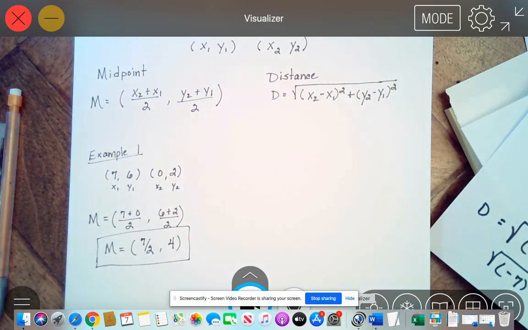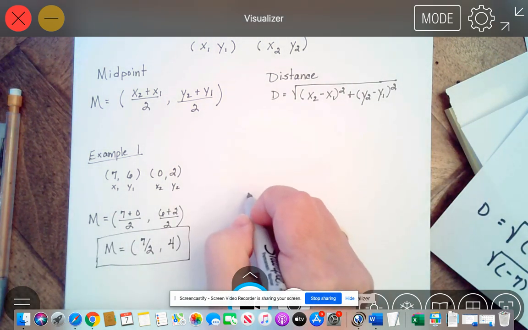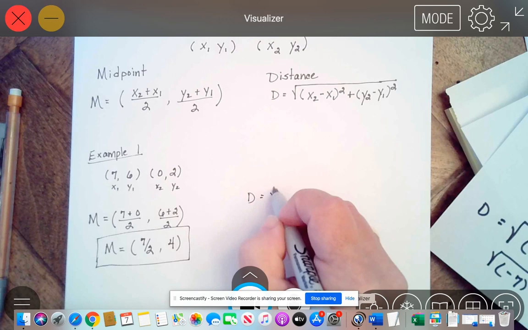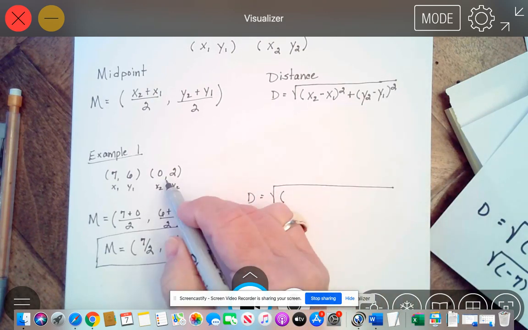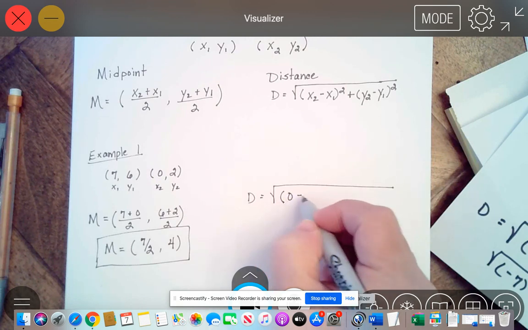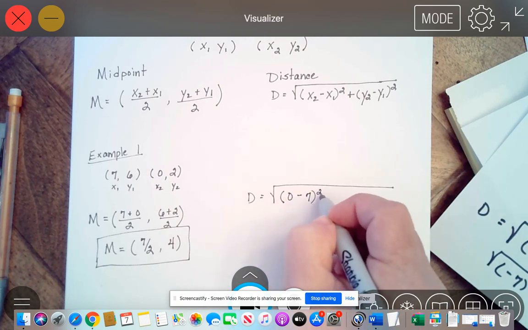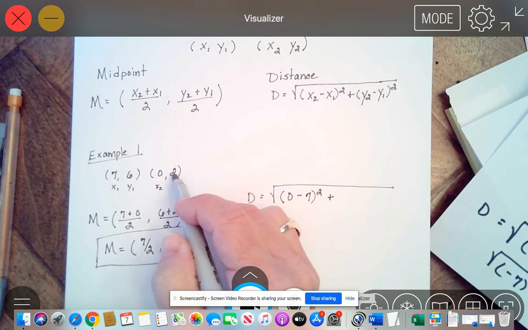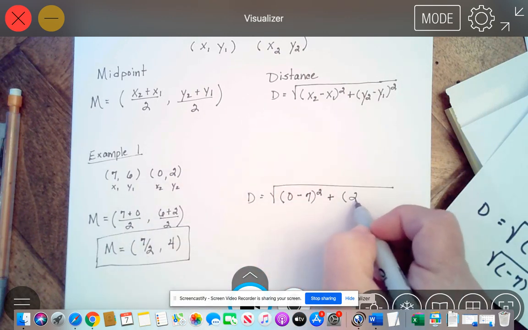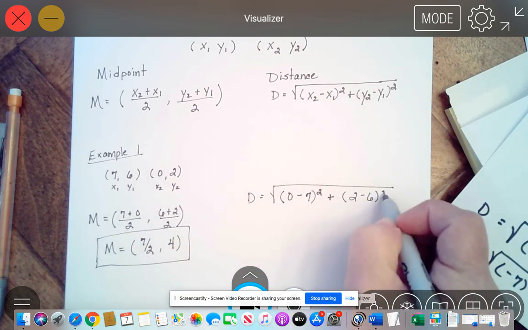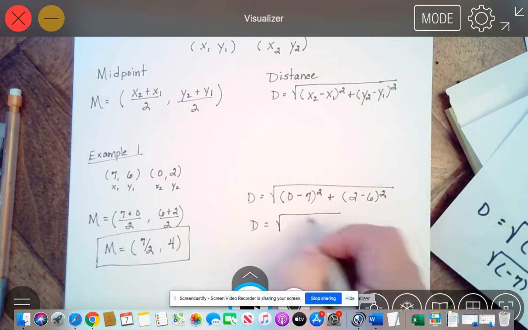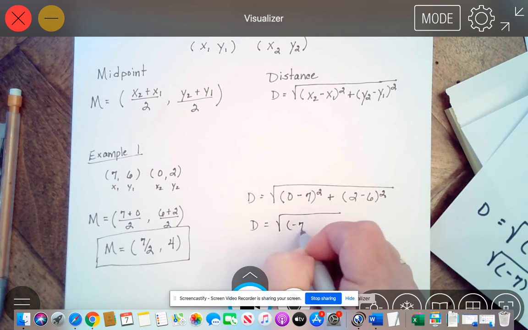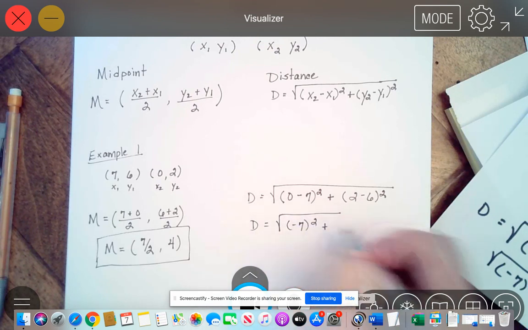Now, if I'm asked to do the distance between them, it is the square root, and I'm looking at my formula up here, of the difference in the x values, 0 minus 7 squared, plus 2 minus 6 squared. So I have the square root of negative 7 squared plus negative 4 squared.